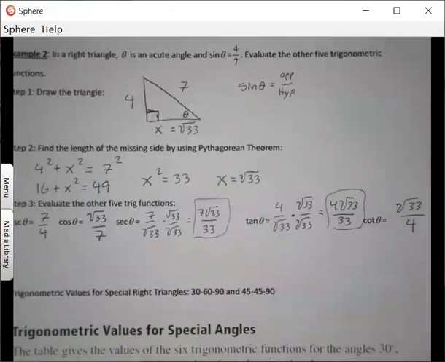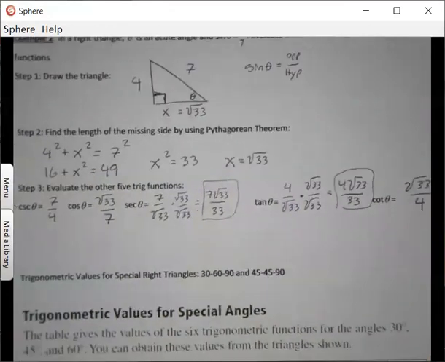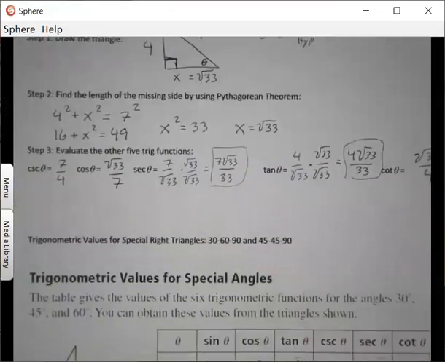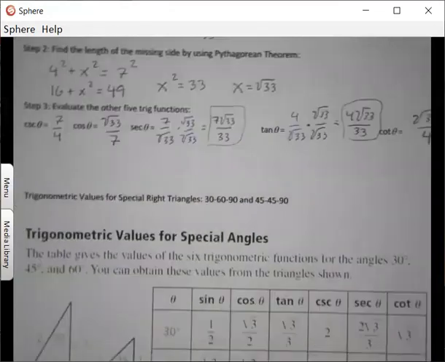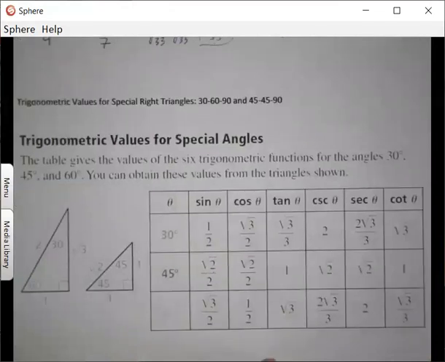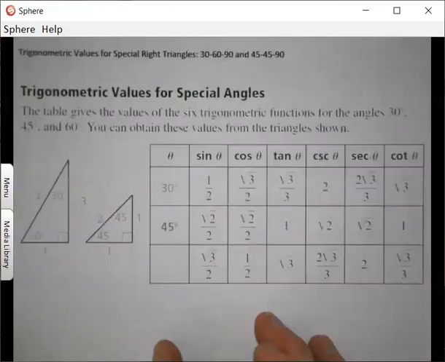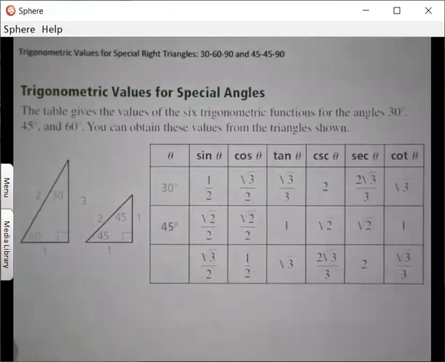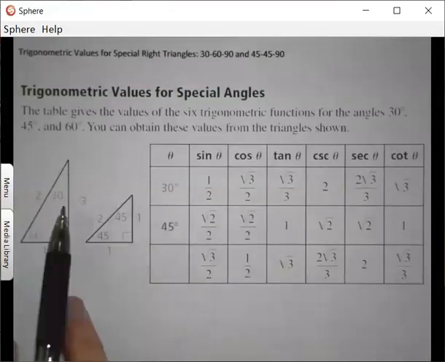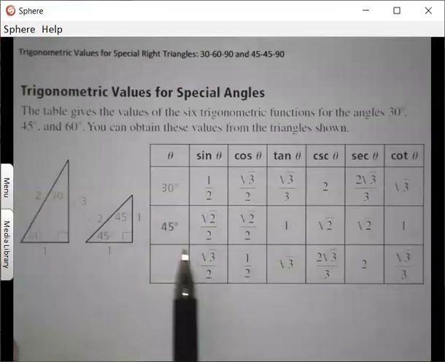Okay, so the next part, we're going to do our trig functions, and we're also going to use our special right triangles that we've talked about in a previous chapter. So this chart that you have on your notes, so you can find this on the notes on Canvas, has our special right triangles, and then it has the trig ratios for each angle.